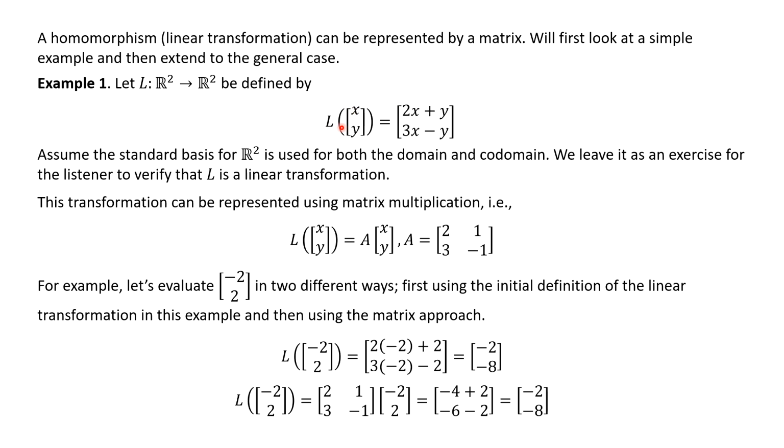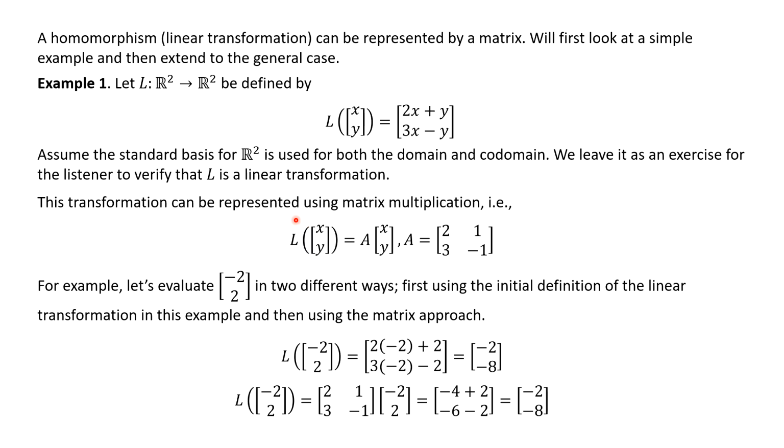So here's our homomorphism. It's taking a vector (x, y) in R2 and mapping it to this vector here. As I mentioned, we're using the standard basis for both the domain and the codomain. I'll leave it as an exercise to verify that this is a linear transformation, in case you want to practice your understanding of that concept.